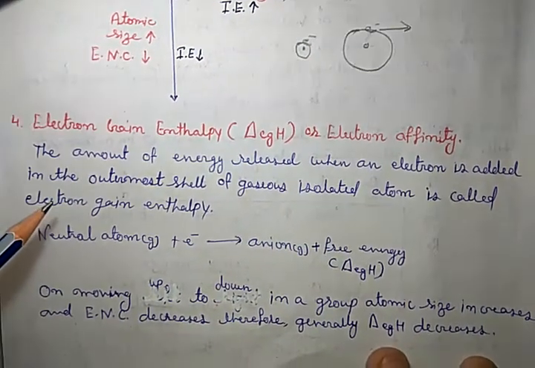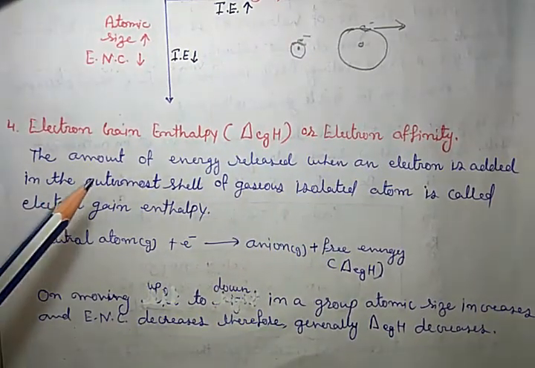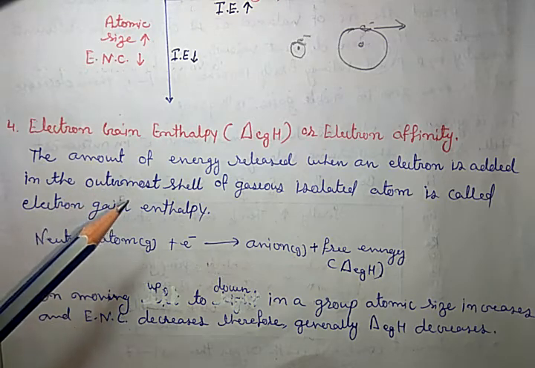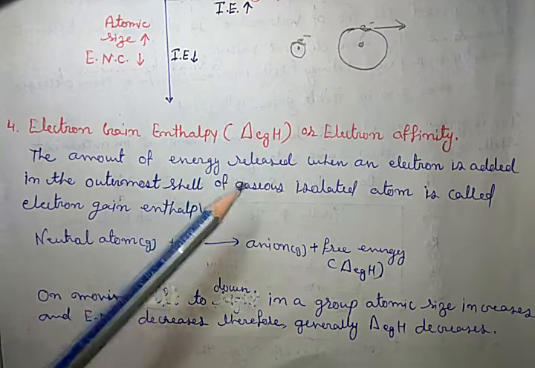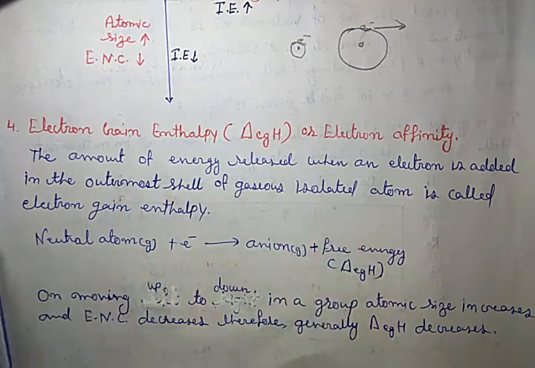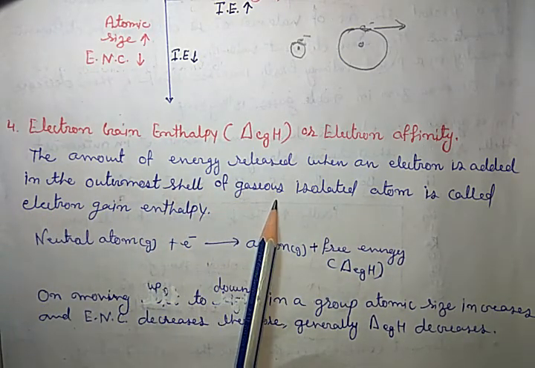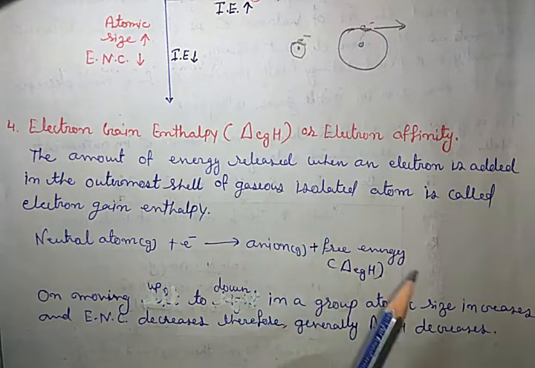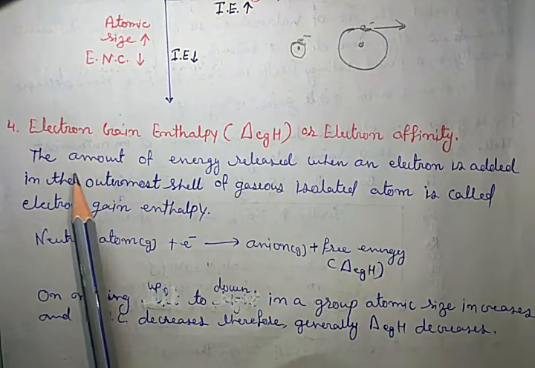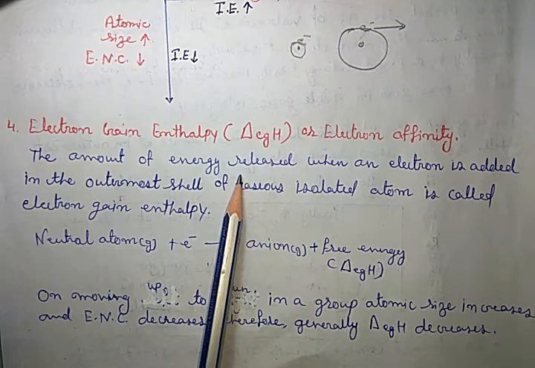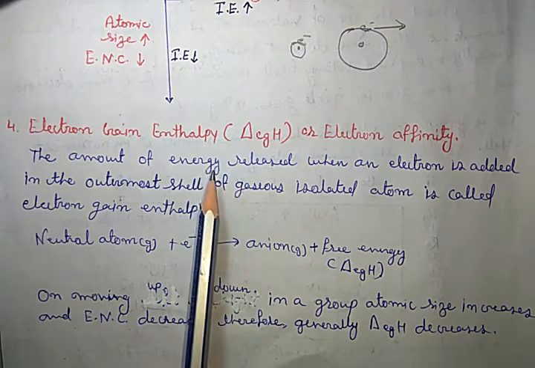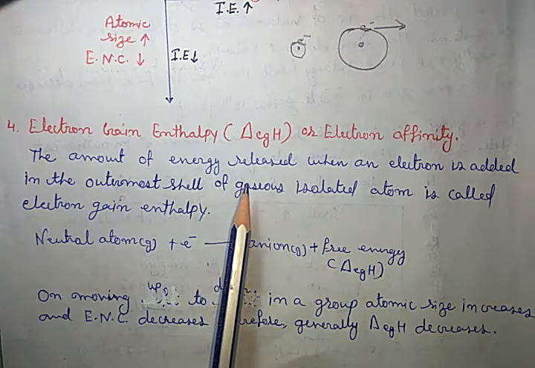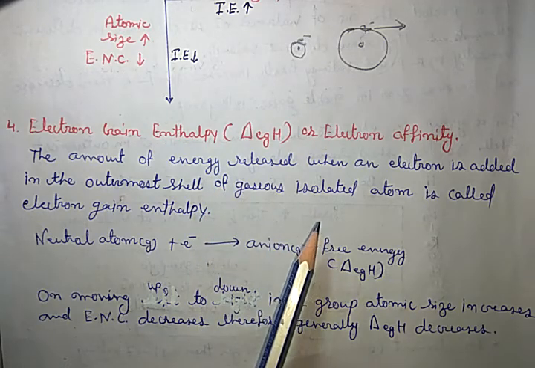The amount of energy which is released when an electron is added in the outermost shell of a gaseous isolated atom. When we add one or more electrons, some amount of energy is released.